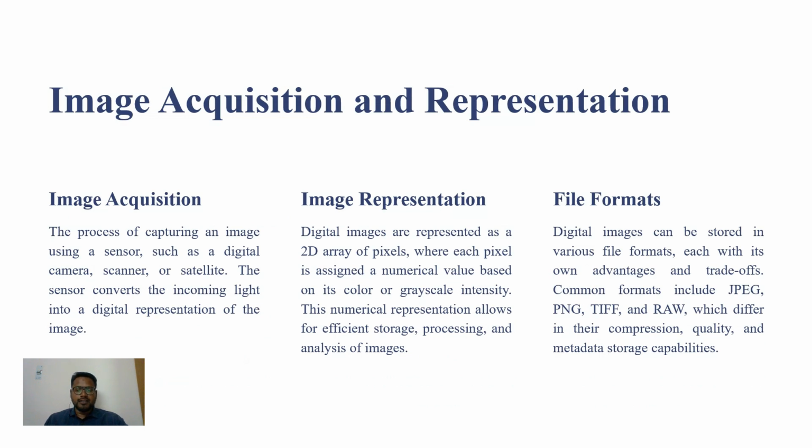Image representation refers to how digital images are stored as a 2D array of pixels with a numerical value for each pixel's intensity. This allows for efficient processing and analysis. I'll briefly mention file formats like JPEG, PNG, and TIFF, noting the differences in compression, quality, and metadata storage.